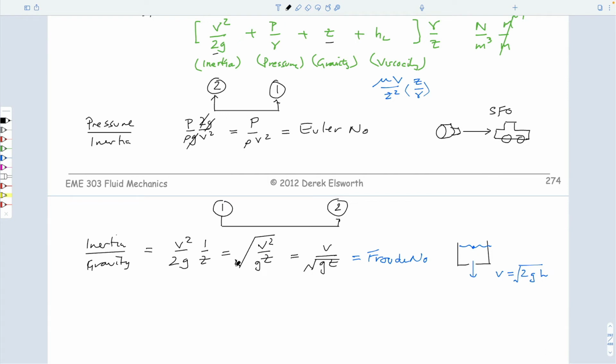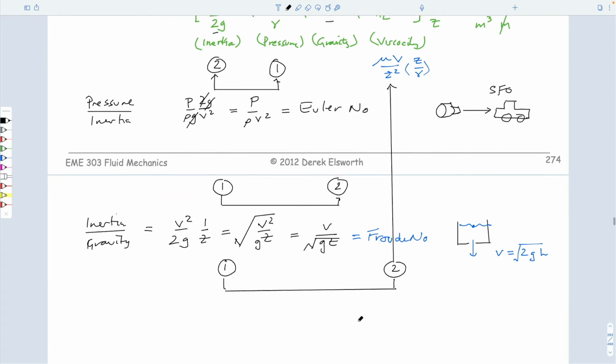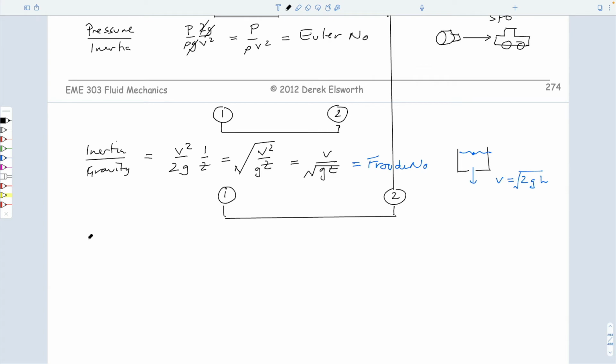And so I'm going to go back and do it for Reynolds number, which is the ratio of inertia to viscosity, viscous losses. So you see where I'm going. Let's see if this works out. So this is Reynolds number, which is inertia to viscosity, or viscous forces.